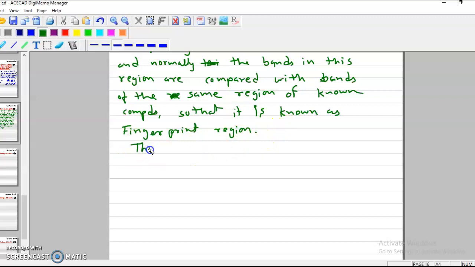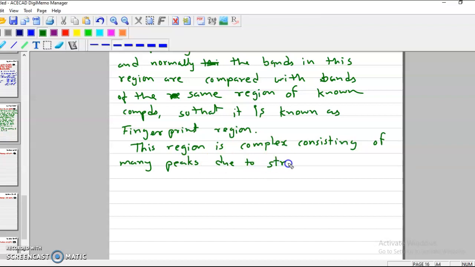This region is complex, consisting of many peaks due to stretching and bending vibrations.